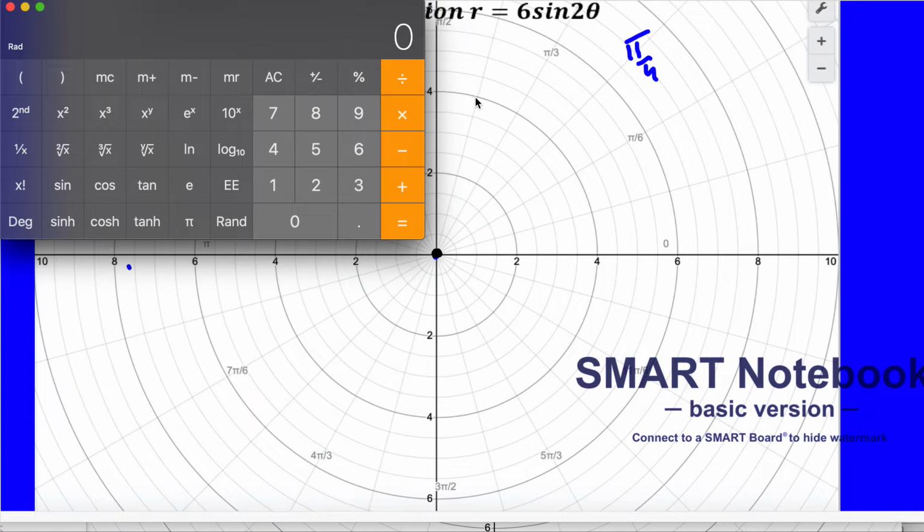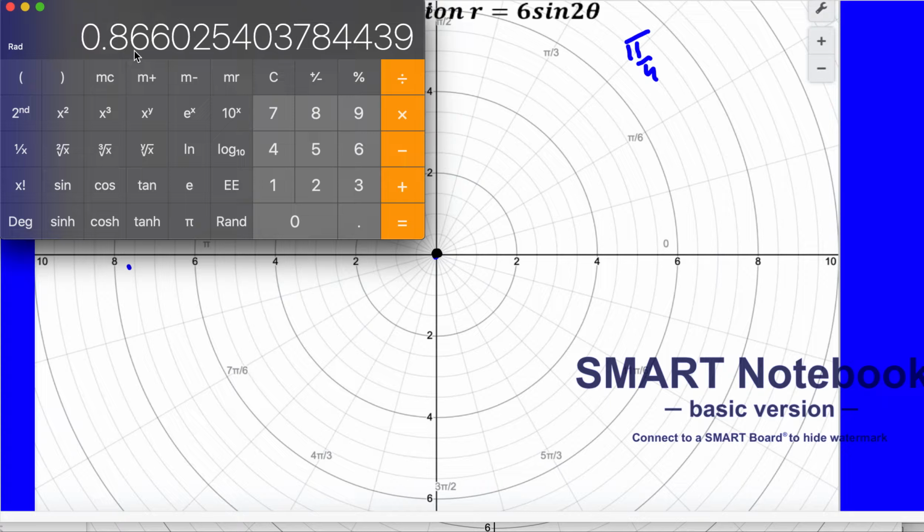Pi divided by 3, in radians, and I take the sine. The sine is 0.866. We already know this is the square root of 3 divided by 2.